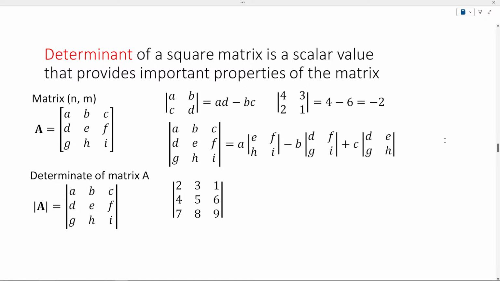Also, the determinant of the matrix has other meanings other than telling you about the properties of the matrix. For example, it could tell you about the scaling of a matrix, area or volume scaling. It could tell you about the stability of the system.